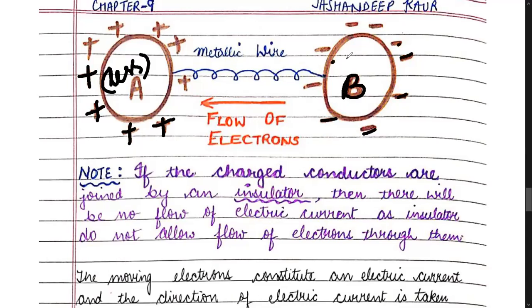That means it is having more electrons. So the flow of electrons in this case will be again from higher number of electrons to lower number of electrons. That is from B to A as shown in the diagram.